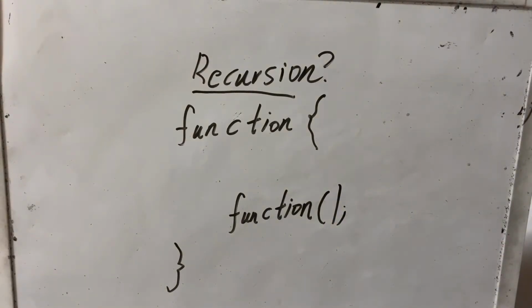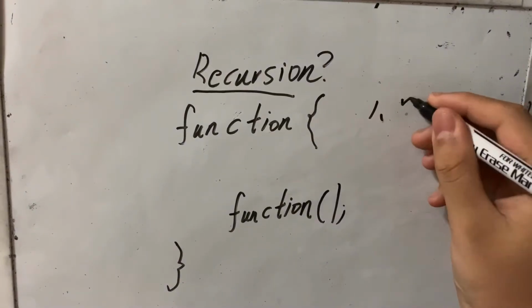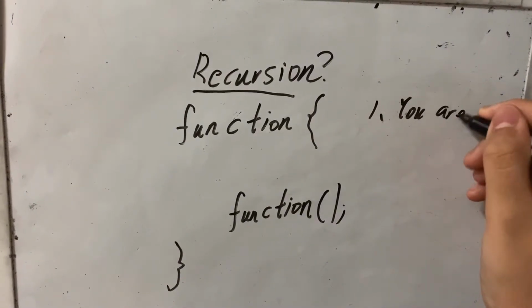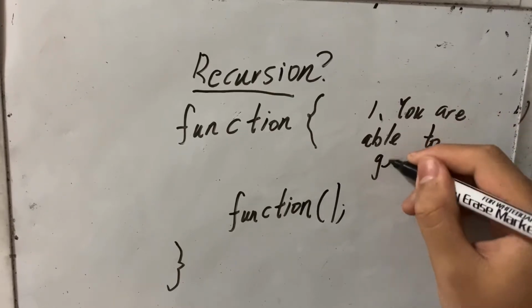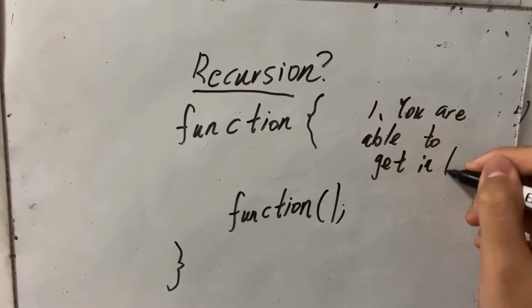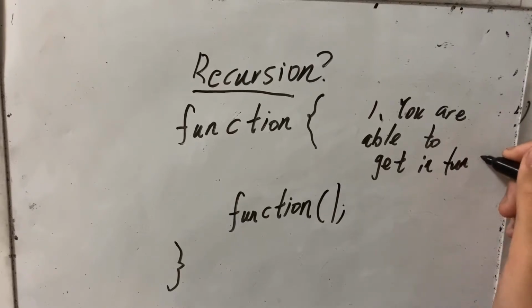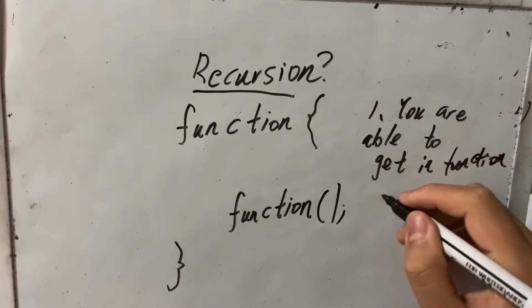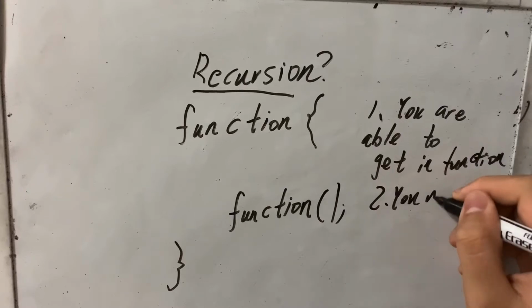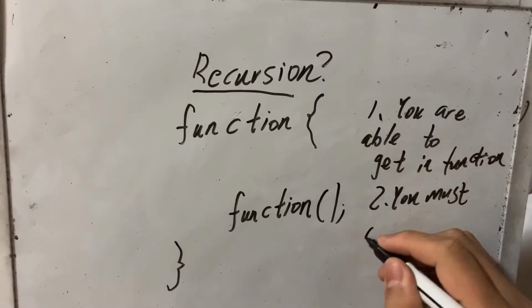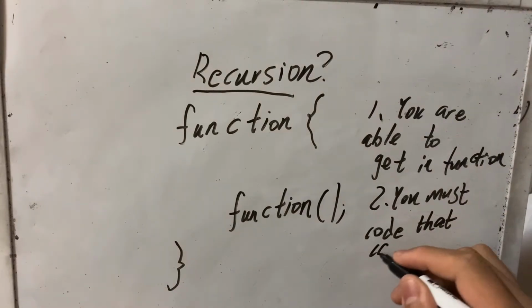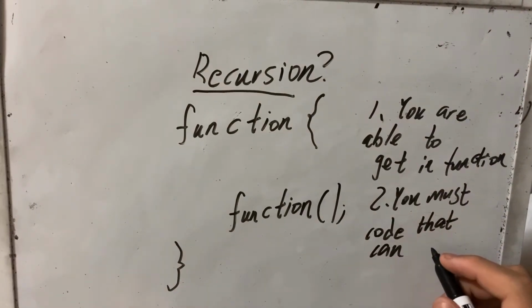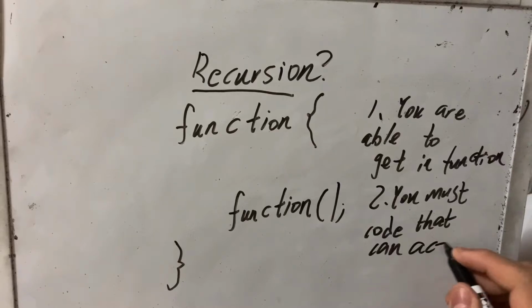It must have 3 basic requirements. First, you are able to get into your recursion, get into your function. Second, you must have code that can activate your function within the function.